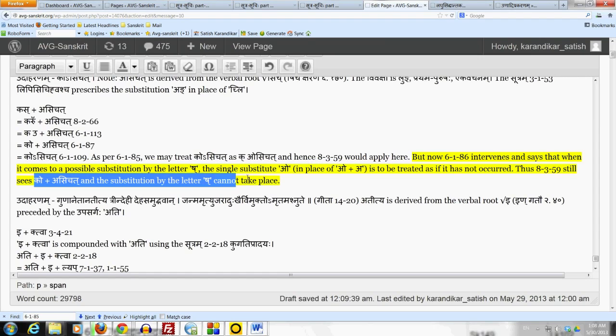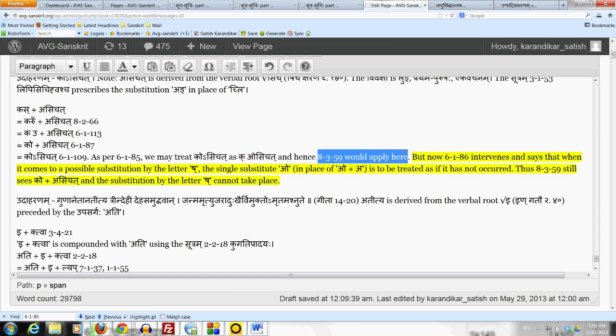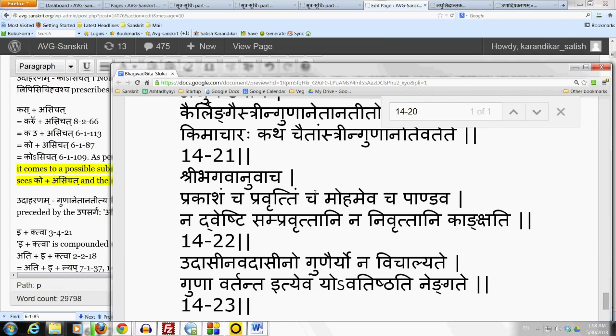Thus 8359 still sees ko a sichat, and hence it cannot bring in the substitution sha because it sees a akaraha preceding the sakara of sichat. This is how 6186 comes in and prevents 8359 from applying.